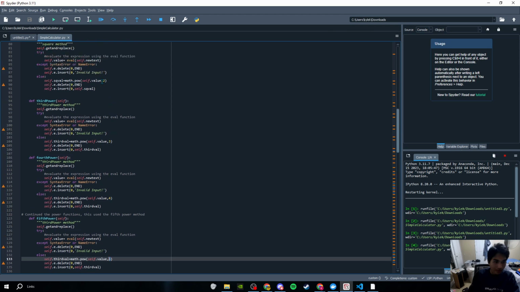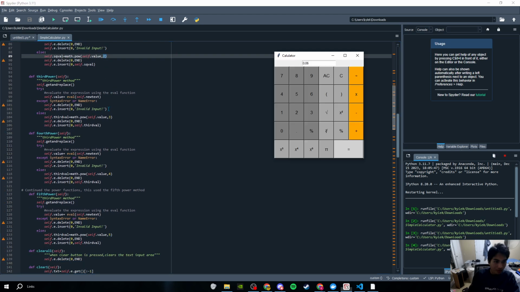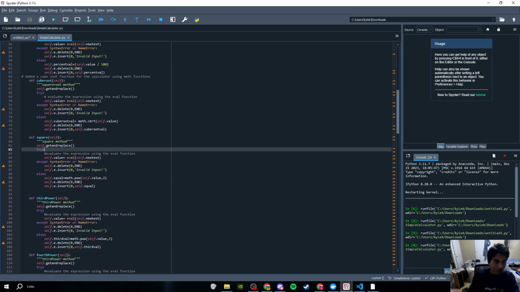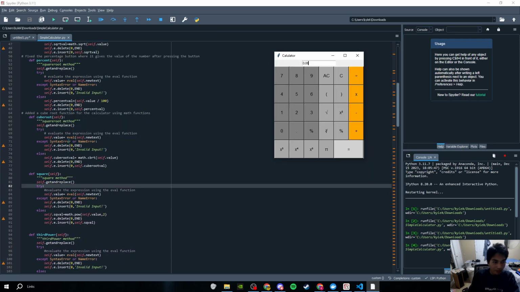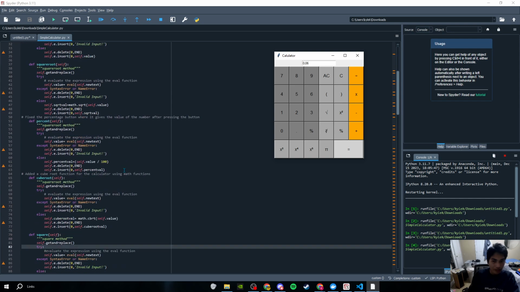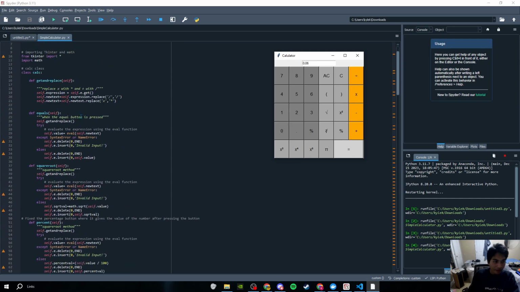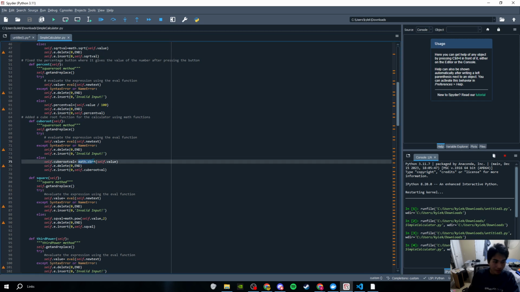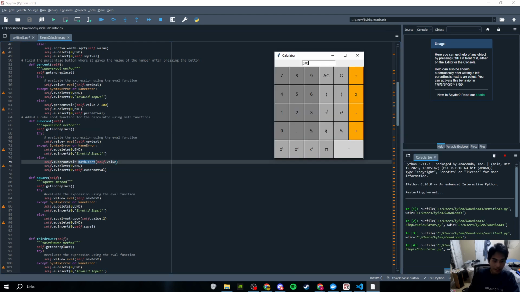There's a math power 2 and 3, 4. As for the cube root, it also came from the imported math, and all I did was change the name to cube root val, as well as math cube root instead of math square root, SQRT, and that just gives the value.